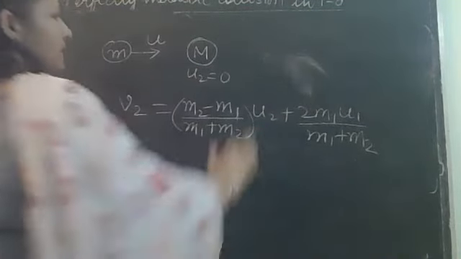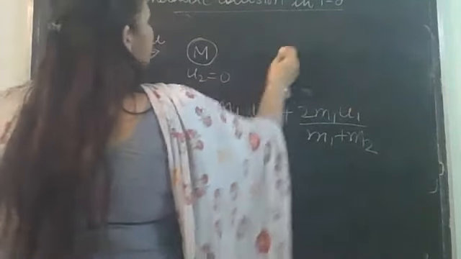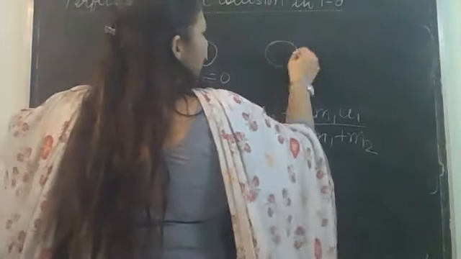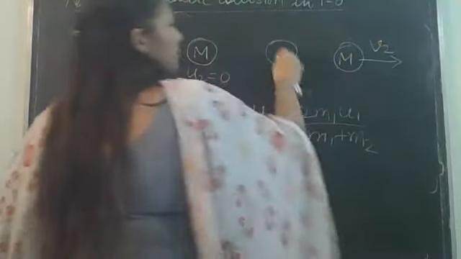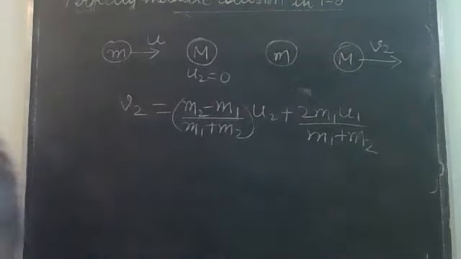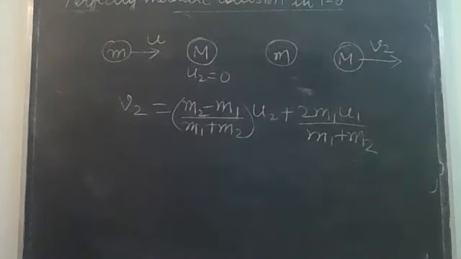Okay, because in this case, after the collision, what will happen? After the collision, the first ball may come to rest and the second ball acquires some velocity v2. We are to find that.